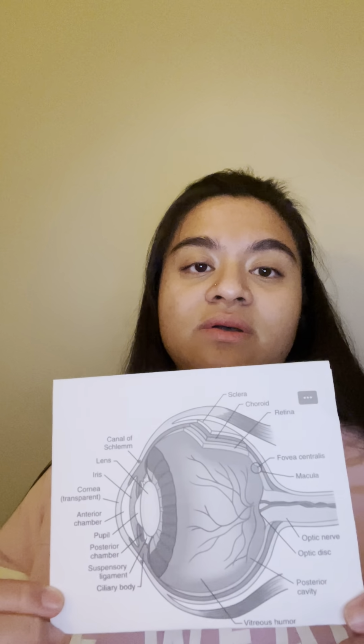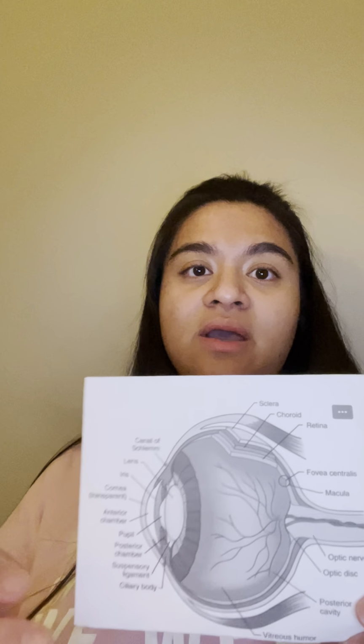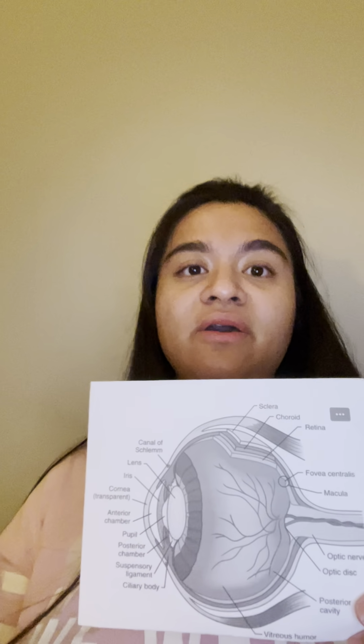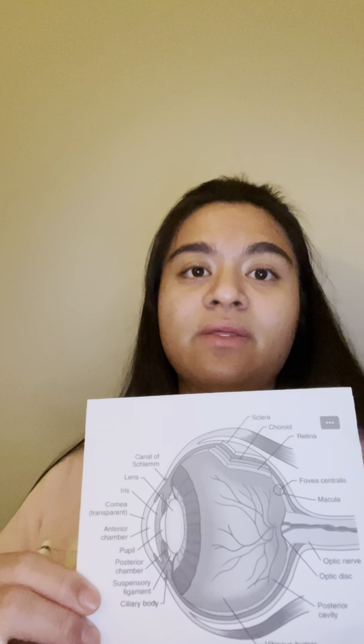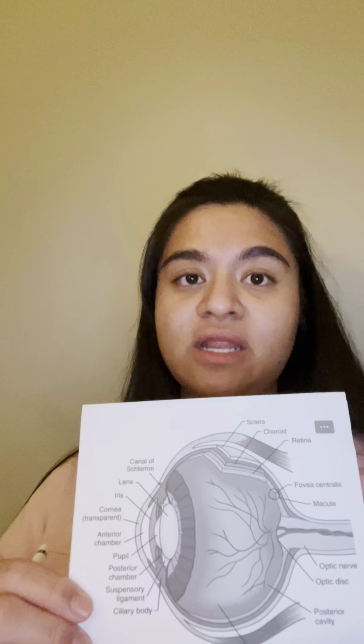So lastly is health promotion and teaching for retinal detachment. As I mentioned, the advocacy, of course, and it's important for us to educate our patients that there is a chance of retinal detachment occurring in the other eye.